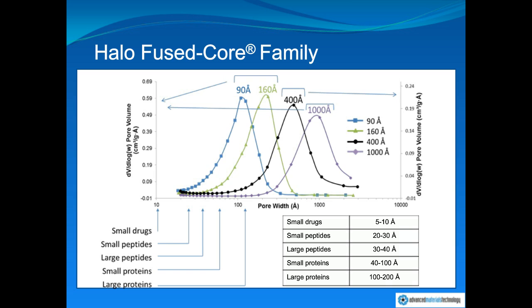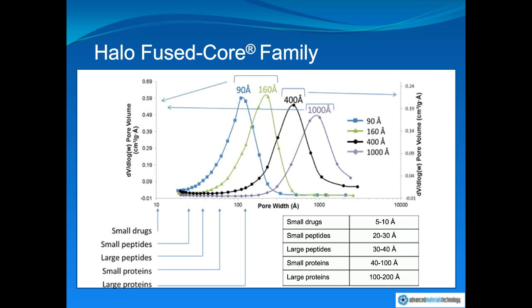Now, the idea is that we want to have materials that have sufficiently large pores across their distribution to include at least 90% of the pore volume available to the molecules of interest. So this is how we came up with these particular sizes of pores as being the sensible place to be. Now, why do we have two vertical axes?